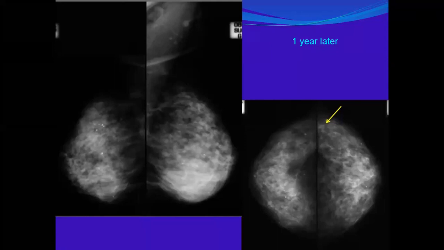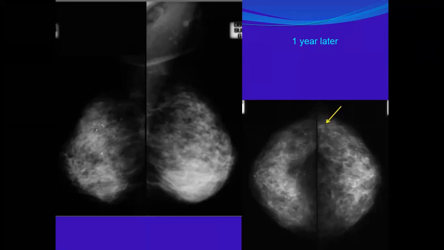Different techniques of positioning. Yes, it is related to mammographic positioning and compressions.